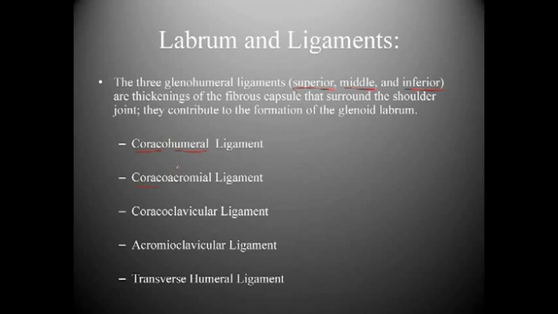Coraco, once again, referring to the coracoid process. Acromial, referring to the acromion. Clavicular, referring to the clavicle. The acromioclavicular ligament means just what it says, between the acromion and the clavicle.